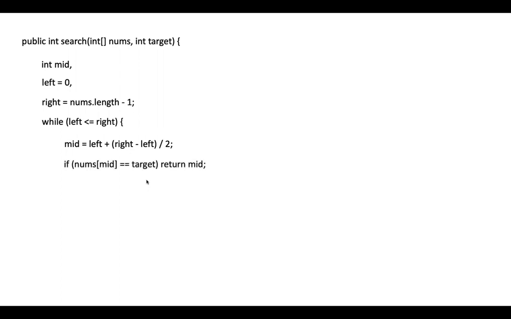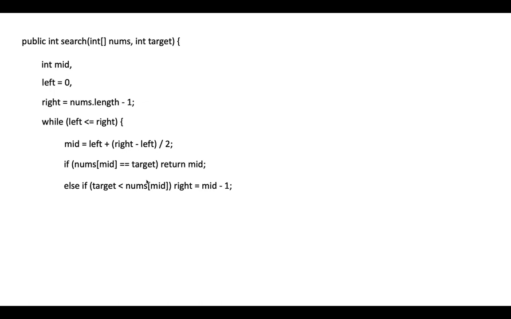So if nums mid equals the target, return the mid. Else, if the target is less than nums mid, means that the number is somewhere on the left side of the array, then we're going to take right and move it to the midpoint and then subtract 1.